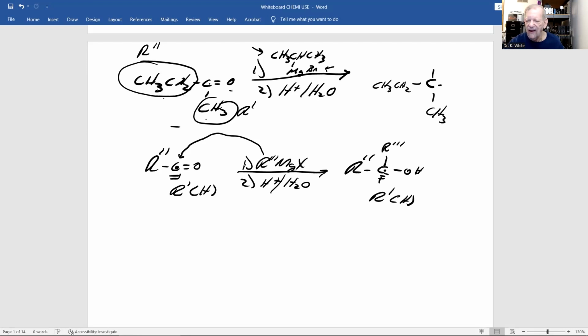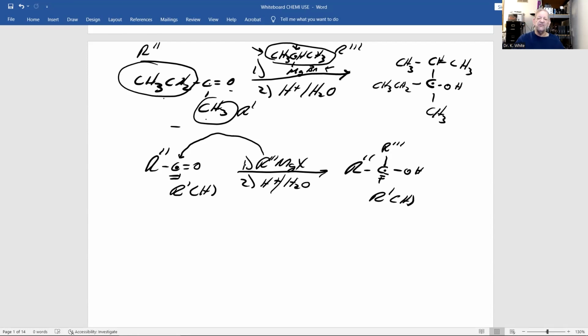And then I'll have my OH group, and the carbon with the Grignard is the carbon, and here's my R triple prime that's bonded to what was the carbonyl carbon, this one, which is now an alcohol carbon.